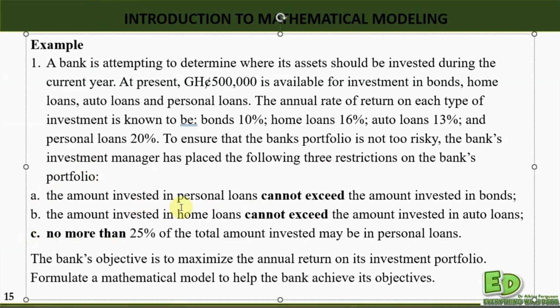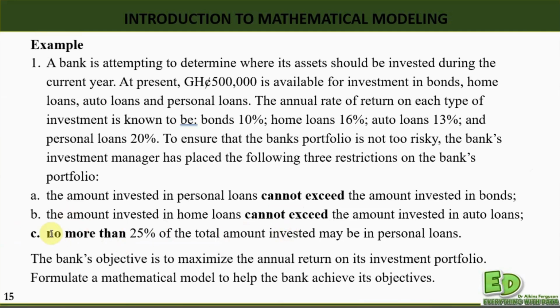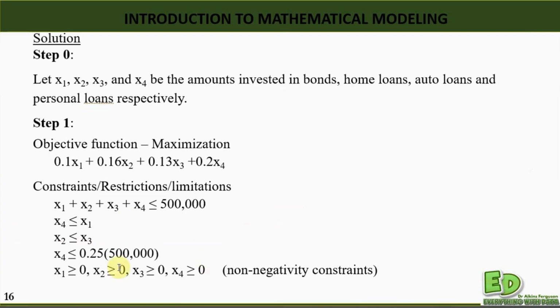So we just have it here as X4, which is that of personal loans, cannot exceed that of the bond. So it is less than this. And then the same applies to B. You write it: not more than 25% of the total amount invested may be in personal loans. So here you have it: personal loans, X4, is less than or equal to 0.25 of the total amount invested.